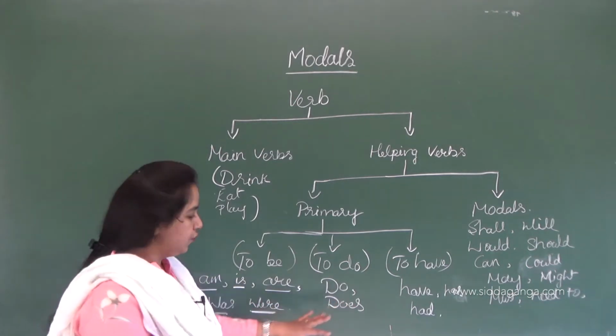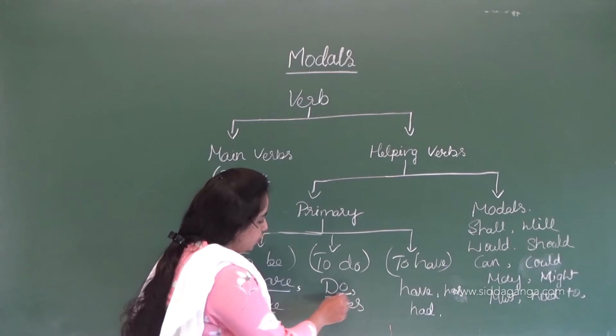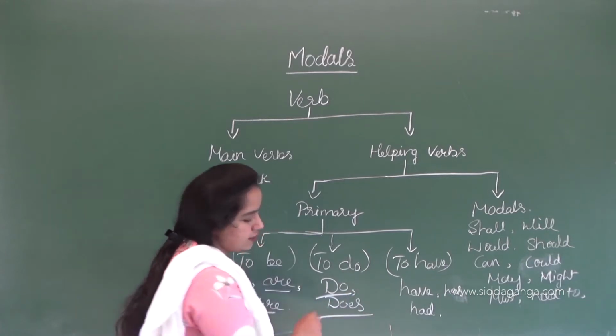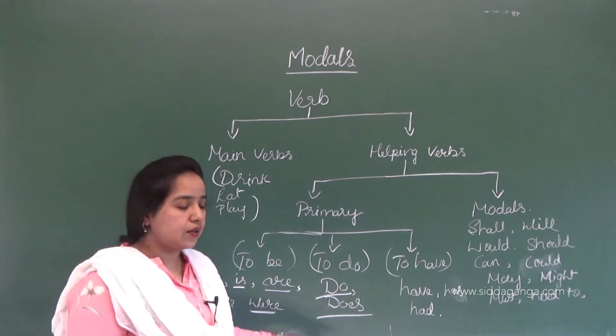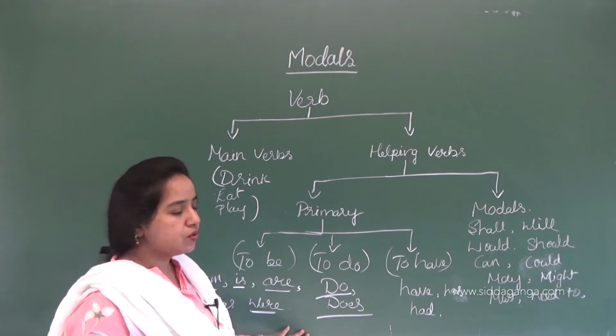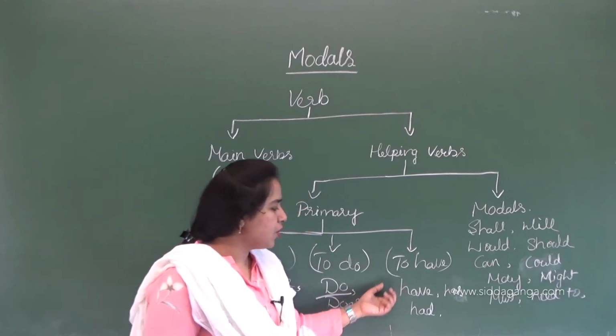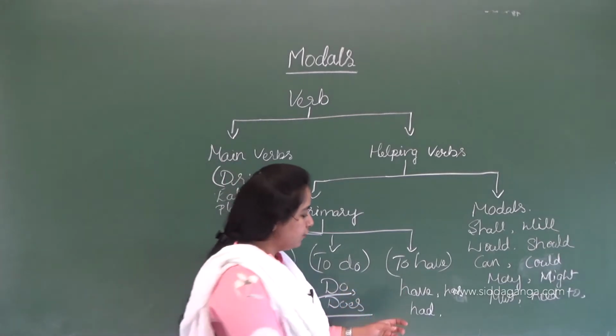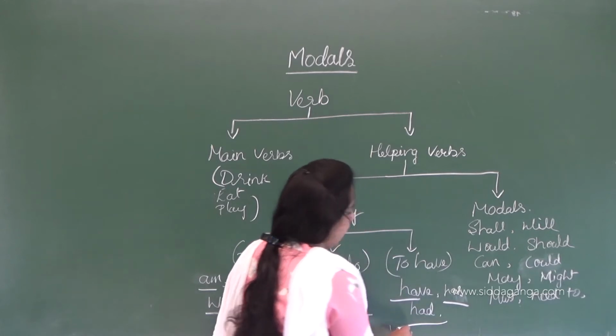Now, come to the to do forms. Here the to do forms are do, does, did. Let us see to have, that is have, has and had.